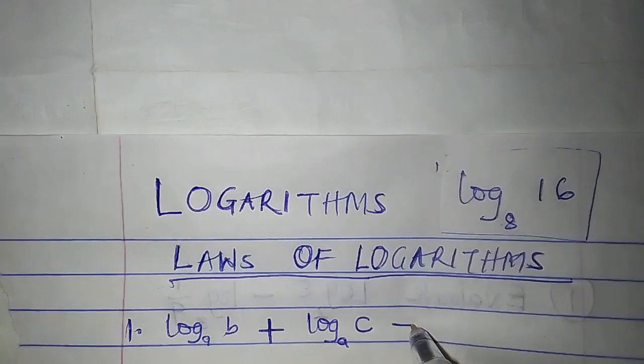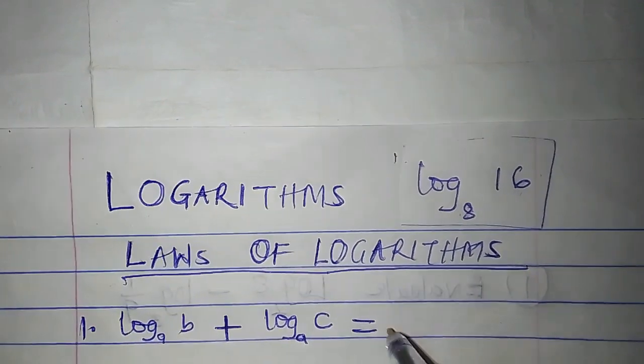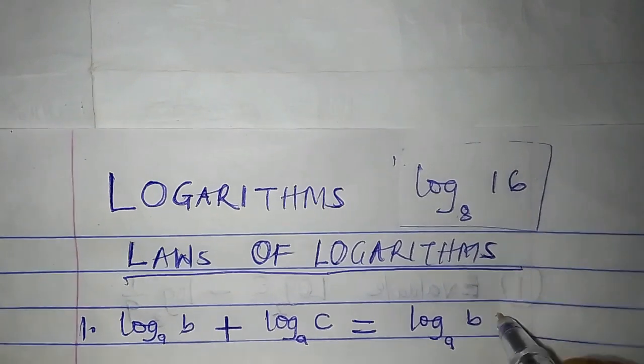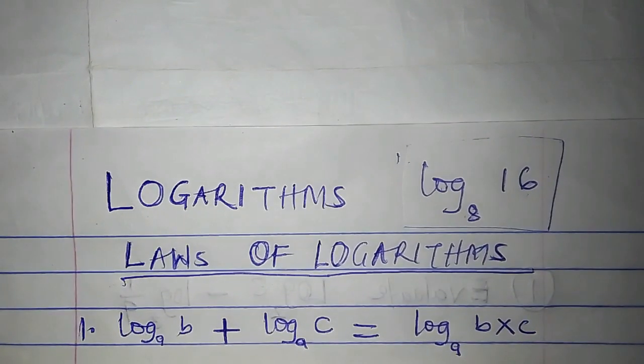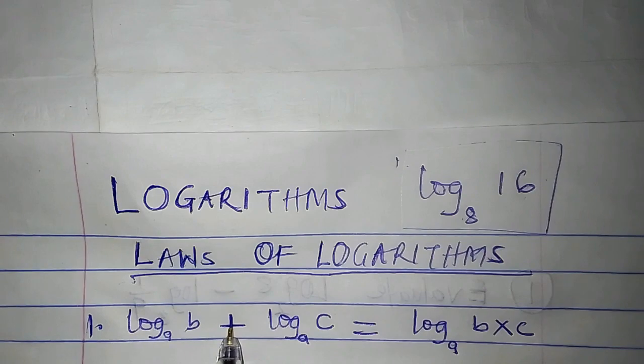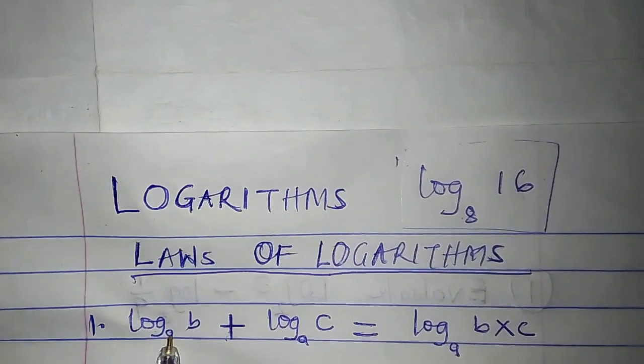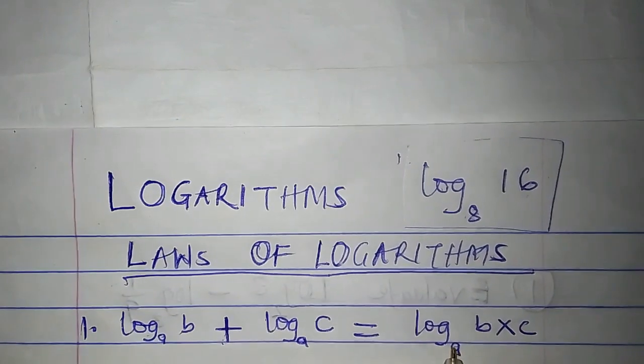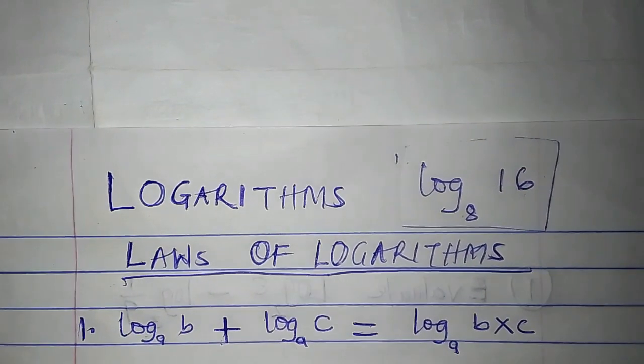The law of logarithm says that this is equal to log to base a of b times c. As far as there's an addition sign in between the logs and the bases of the logs are the same, I will multiply the numbers and keep the same base.